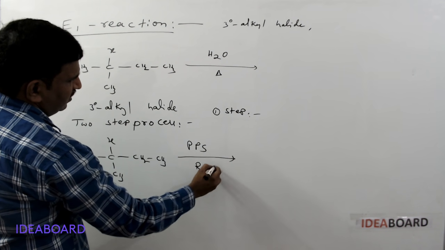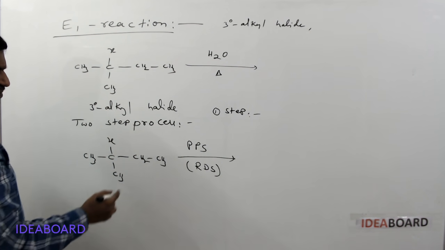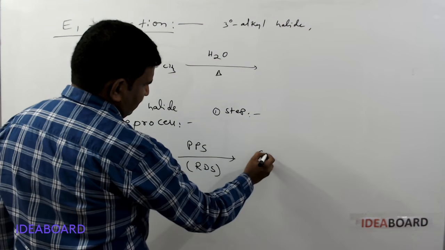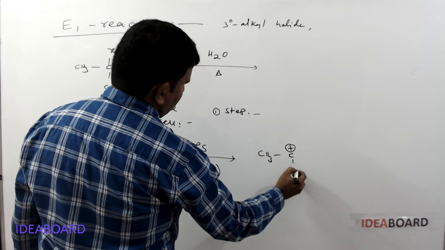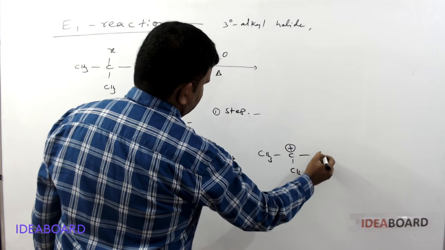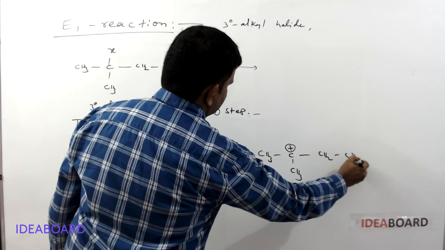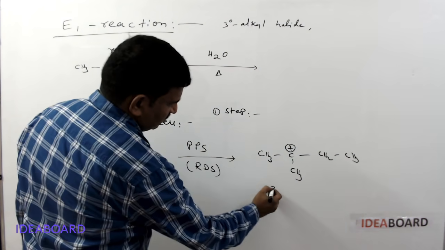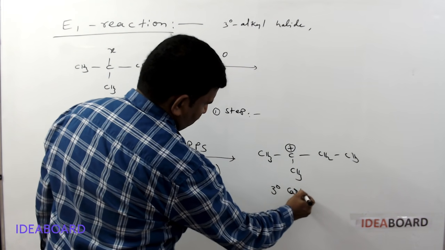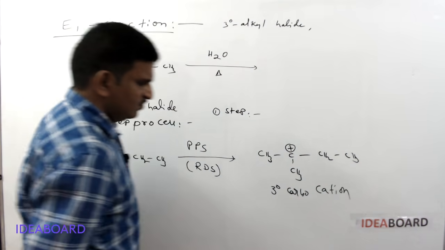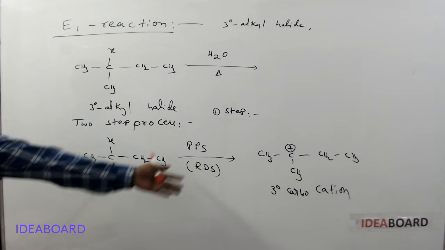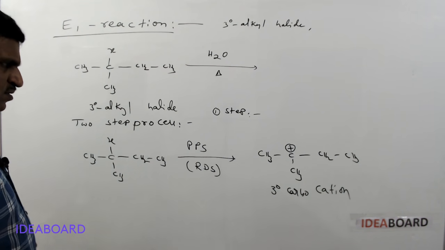This is the rate determining step, and in this first step it converts into CH3, C plus, CH3 and CH2CH3. This is a tertiary carbocation. Tertiary carbocation formation occurred, same as SN1, no difference.